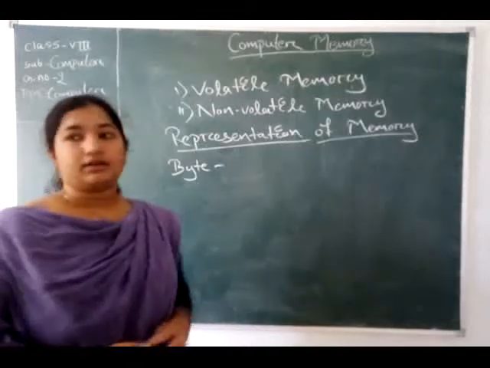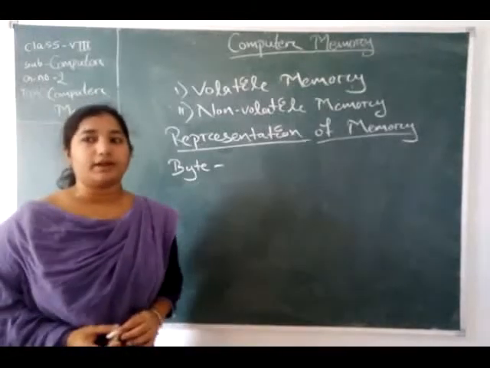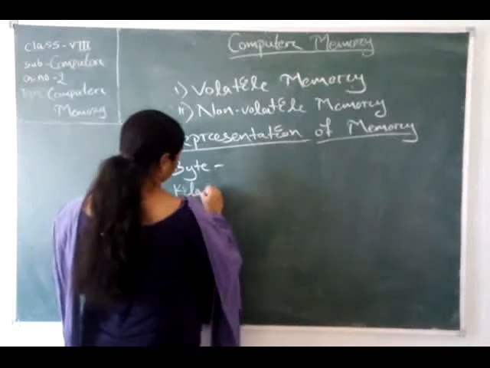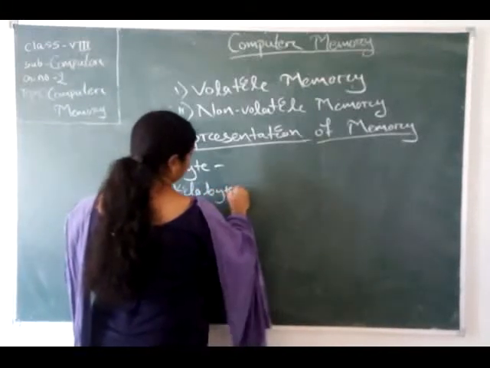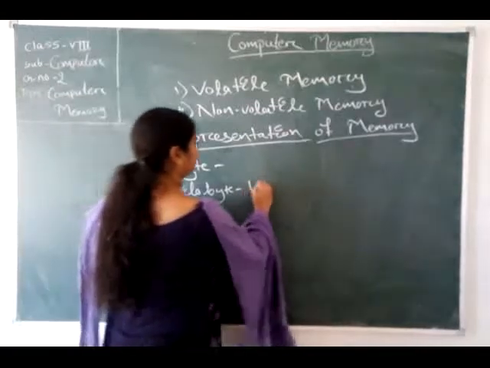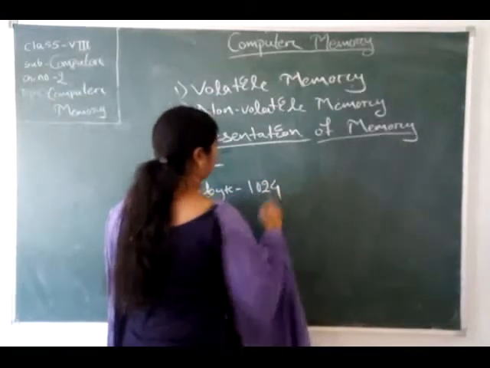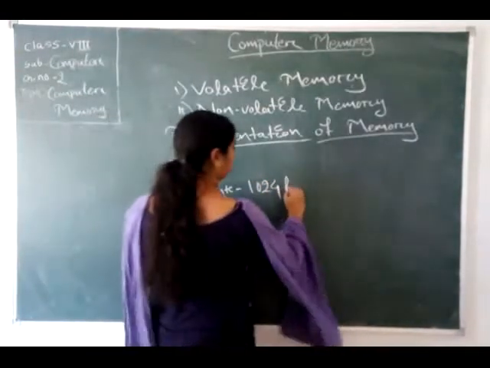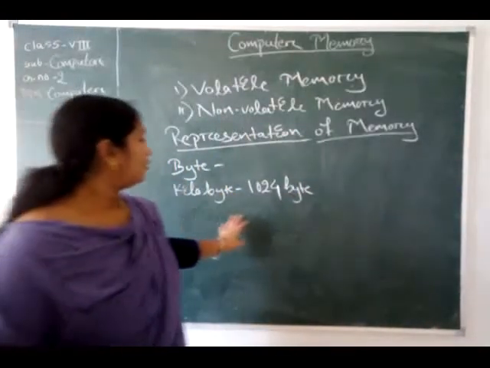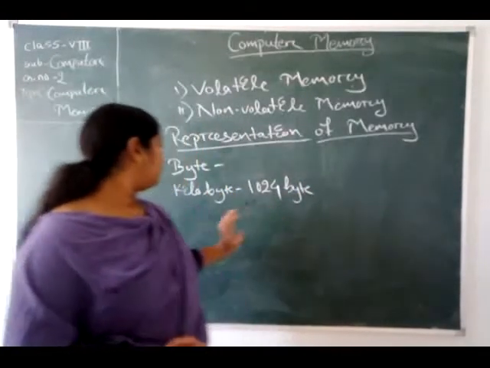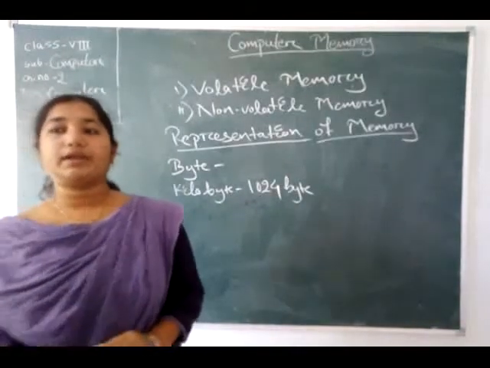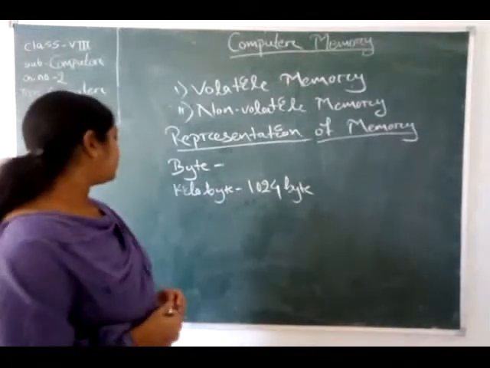That is called a byte, and the next one is kilobyte. 1 kilobyte is 1024 bytes, and it is equal to one page of a textbook, and the next one is megabyte.